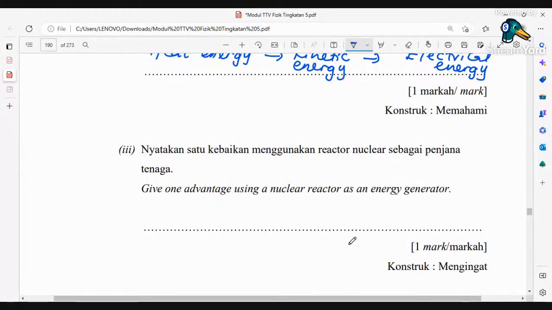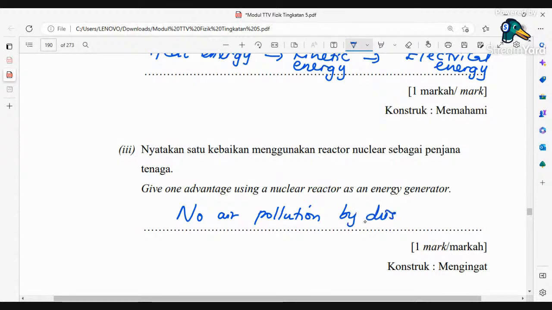Give one advantage of using a nuclear reactor as an energy generator. No air pollution. There is no burning, so there is no air pollution by dust.